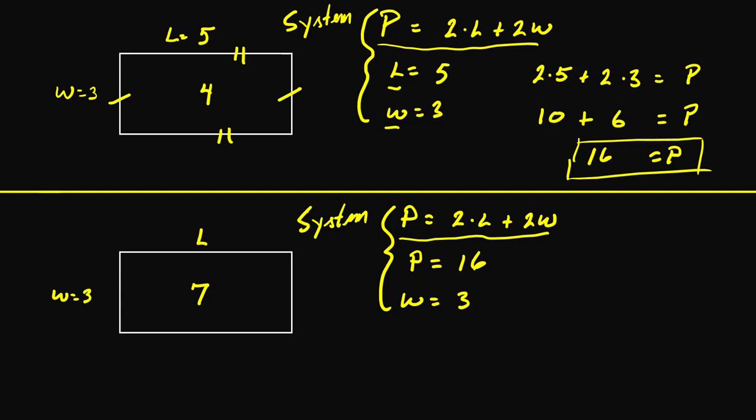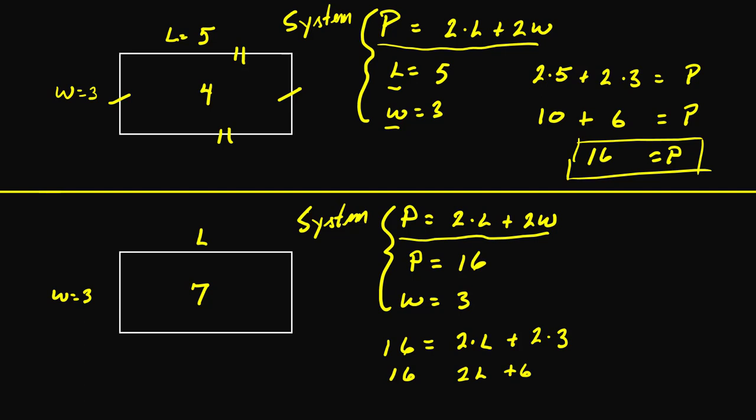So in the 7th grade, you substituted the value of P into the formula, and that would give you 16 equals, we don't have a value for L, and that was going to be 2 times L plus 2 times 3, the width. And you step through this, and that became 2L plus 6 equals 16. Now we have one equation and one unknown.